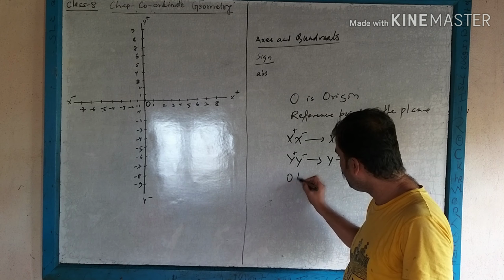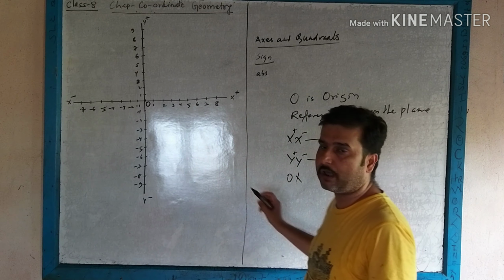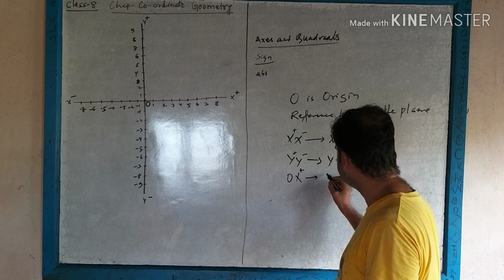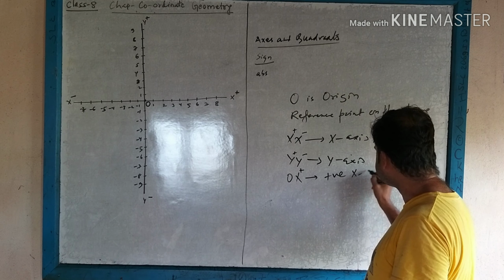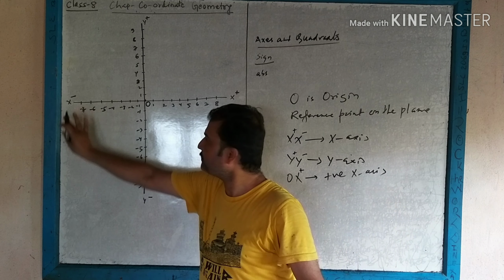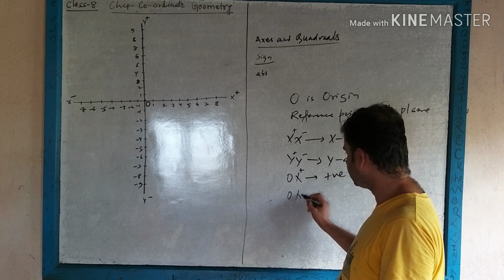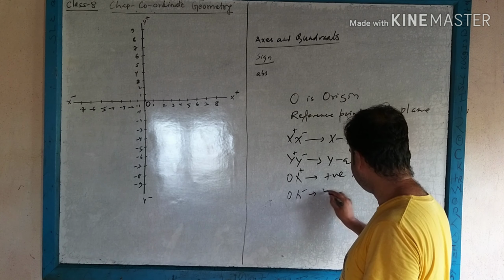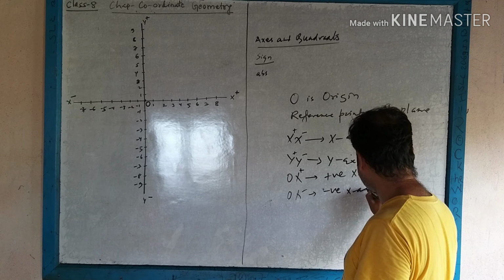And here OX plus is positive x-axis, and OX minus is negative x-axis.